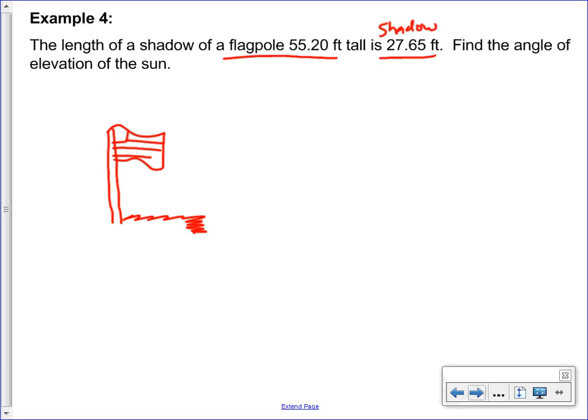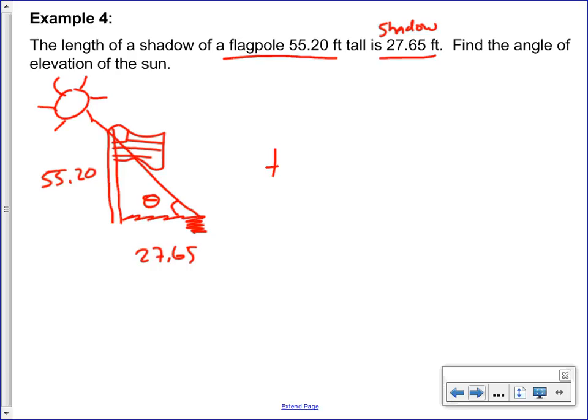We know the flagpole is 55.20. We know the shadow is 27.65. Find the angle of elevation to the sun. Right there. So we're looking for that angle. Okay.